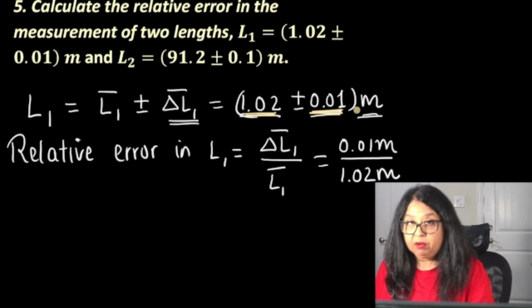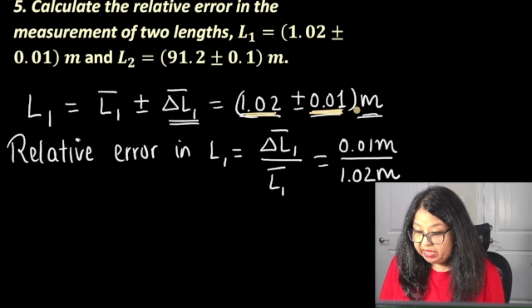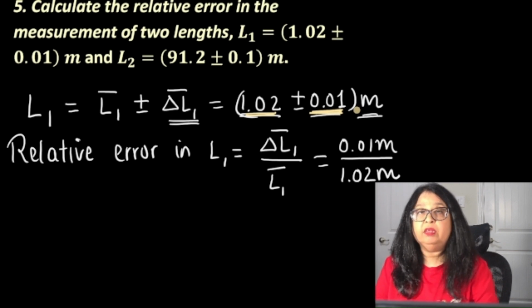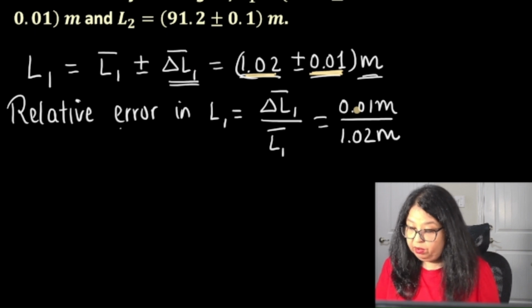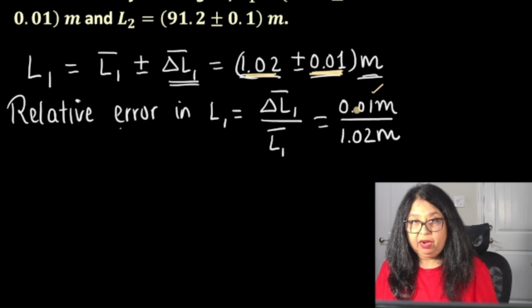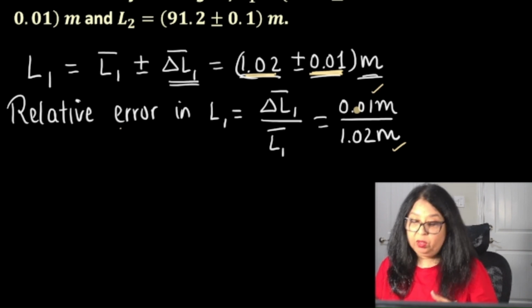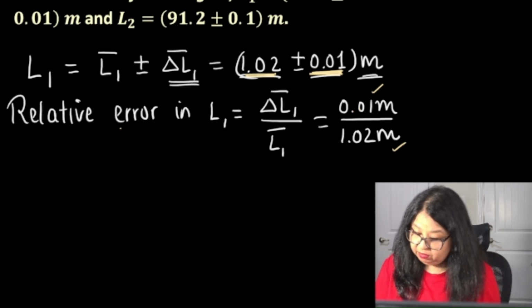And if it is written correctly, where the number of decimal places are same for the uncertainty as is in the number that the uncertainty belongs to, then when you find this relative error, the number at the top, which is the error, and the number at the bottom, the measurement, they will have same number of digits after what? After the decimal. So that means when you get rid of the decimal, what happens is this.